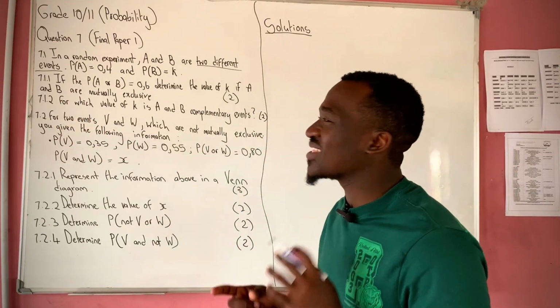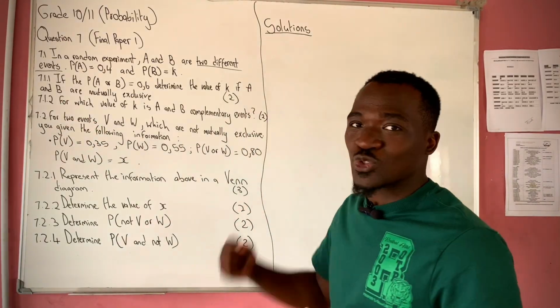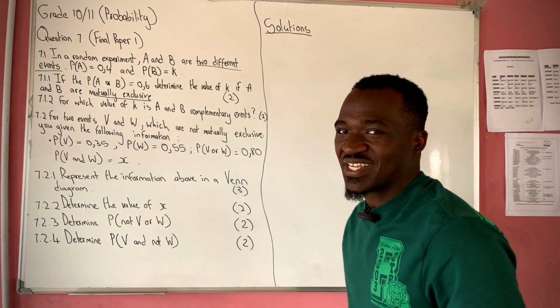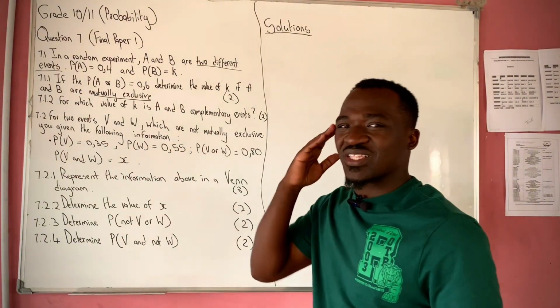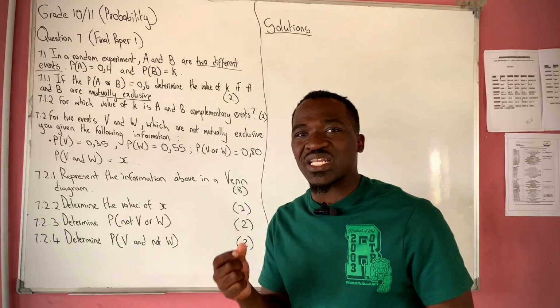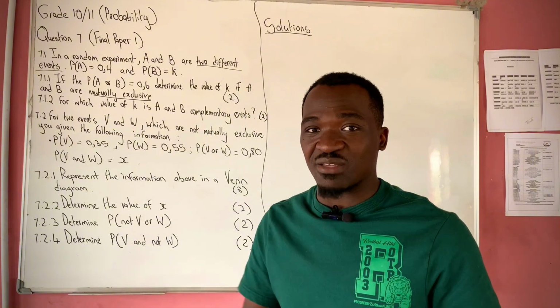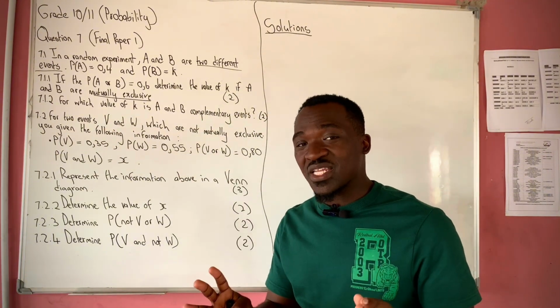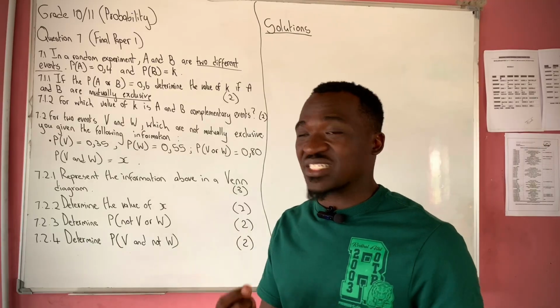Now we get something that is bringing clarity to those two different events. So now we have mutually exclusive events. What is it that comes to our minds when we're thinking of mutually exclusive events? We know that it's two events that cannot happen at the same time. When it comes to probability, meanings and definitions, you must know and understand them.